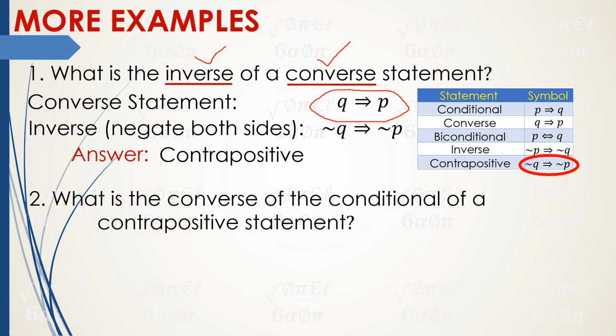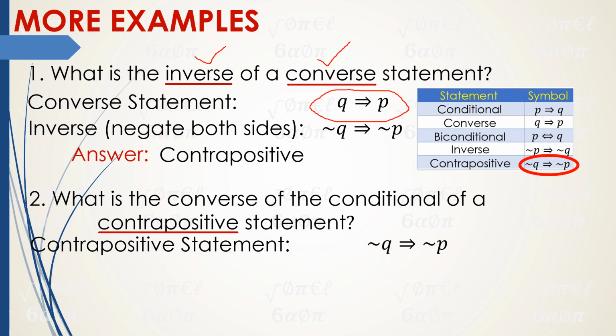Another example. What is the converse of the conditional of a contrapositive statement? So, saan tayo mag-start dito? Sa contrapositive statement or contrapositive. So, ang contrapositive statement ay if not Q, then not P. Tapos, pabalik.